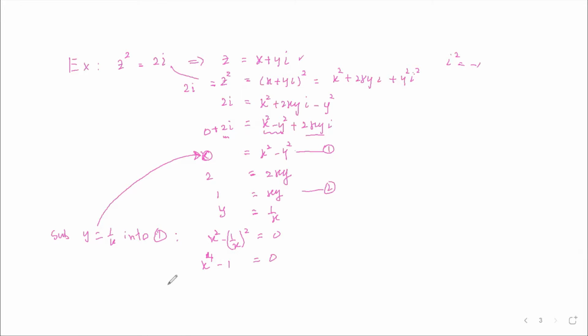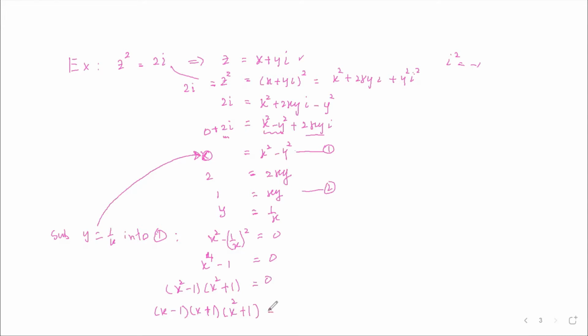So then this you can factor now, right? It becomes x squared minus 1 and x squared plus 1 equal to 0. But this one can be factorized more, correct? It becomes x minus 1 and x plus 1 and, not yet, x squared plus 1.